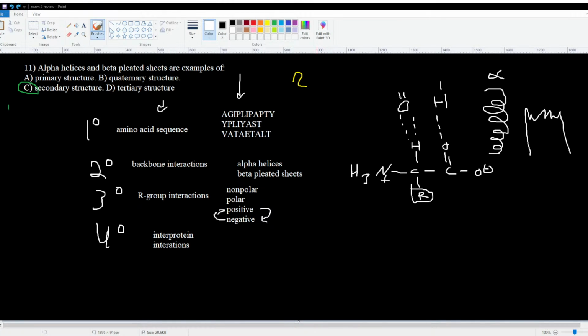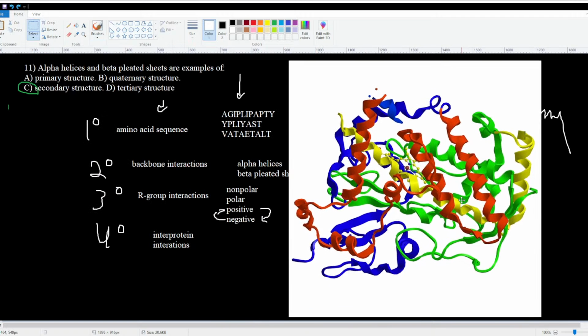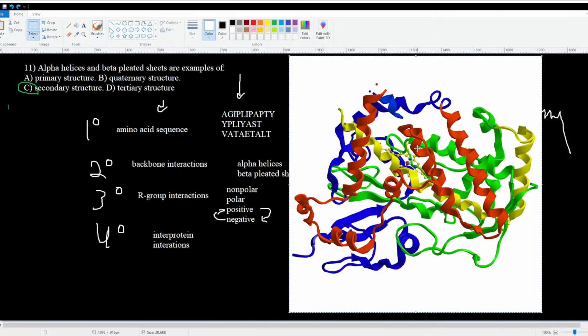So let's pull up an example of a protein. Let's try and use a simple one. There we go. So this is our protein then. So look at this, right?